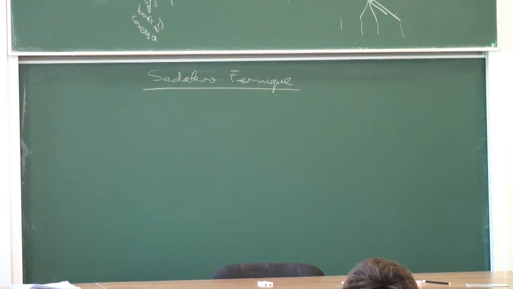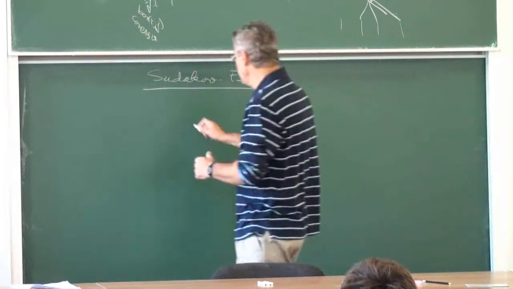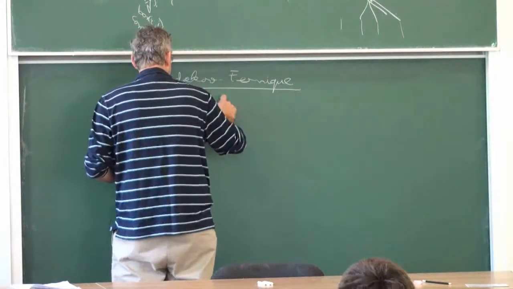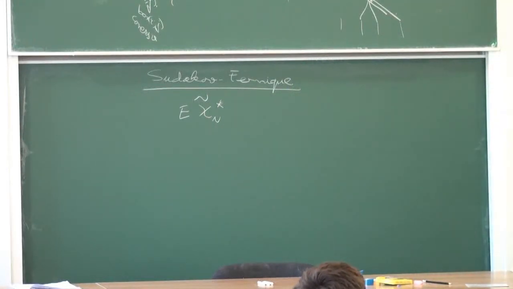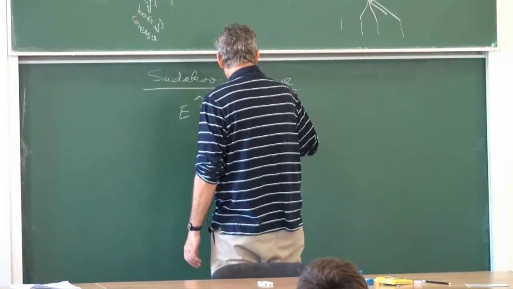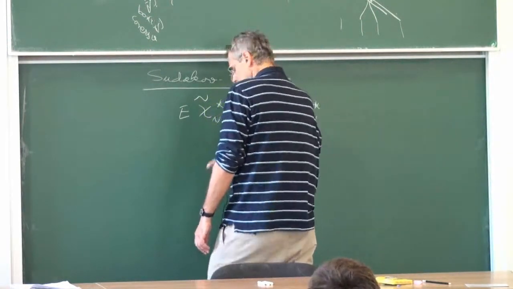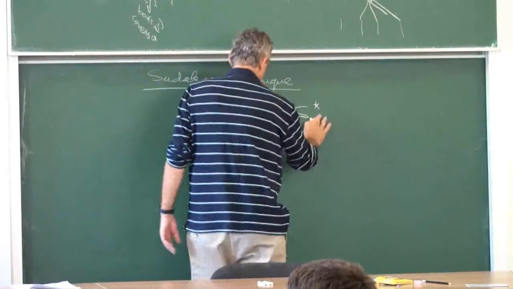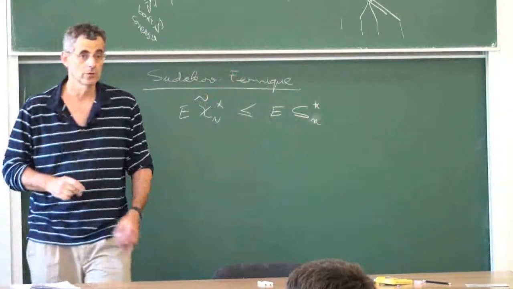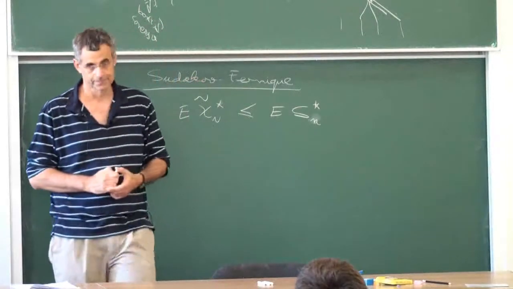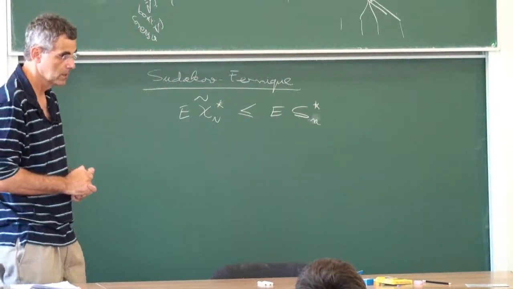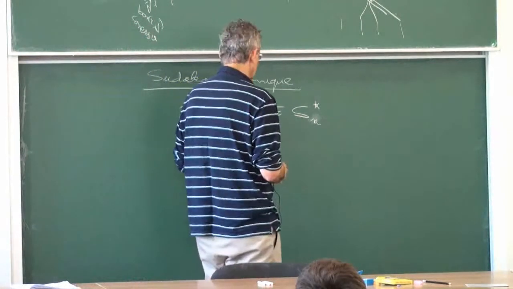Therefore, the expectation of X_n star, and let me put here a tilde to remind us that we multiply by square root of 2 pi or whatever, so that the normalization of the variance is with the same constant, will be smaller than the expectation of S_n star, which is the maximum of a 4-ary branching random walk. So this gives me the upper bound.